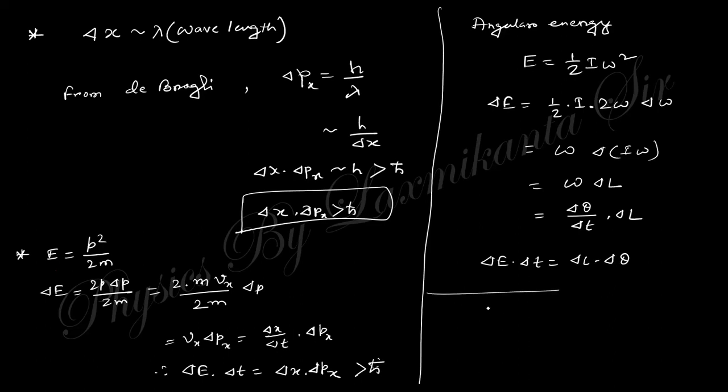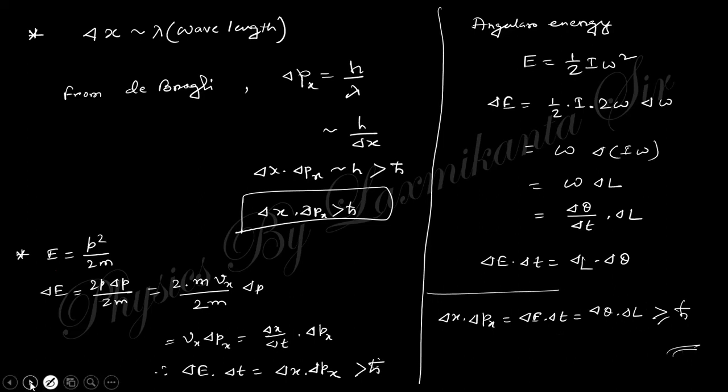So finally in three components you can say delta x into delta px equals delta E into delta t equals delta theta into delta L, greater than or equal to h cross. This is the uncertainty principle in position.